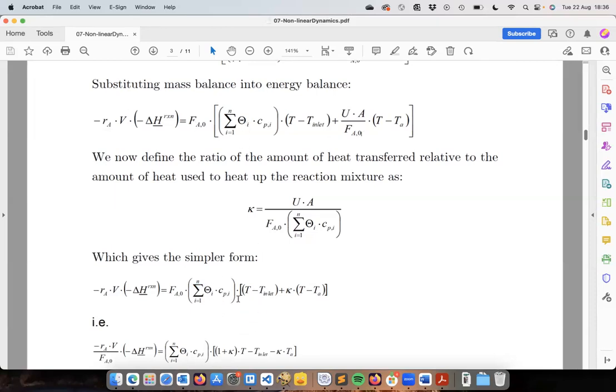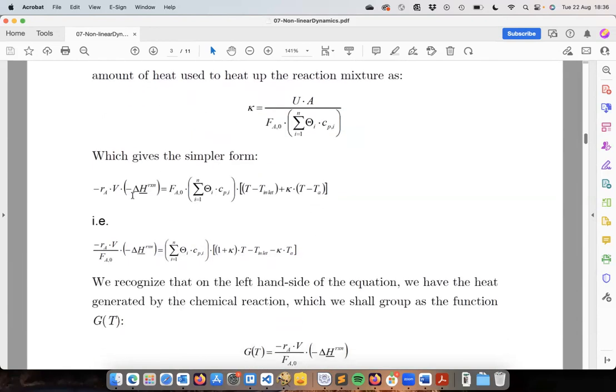We've just written this factor on the outside, and that means we have U times A divided by theta I CPI times FA naught. And now we've defined this kappa to be that same factor. So we can rewrite this as kappa times T minus TA, right? The T minus TA stays the same over here. So that gives the form that we want to look at.